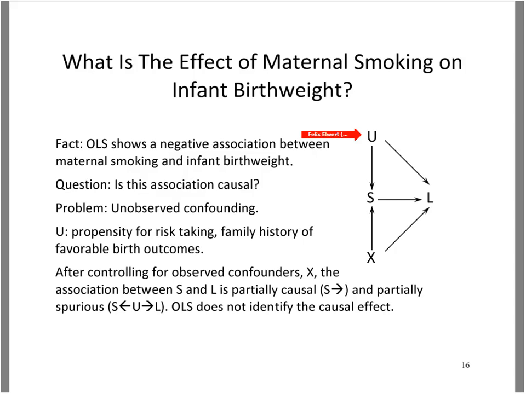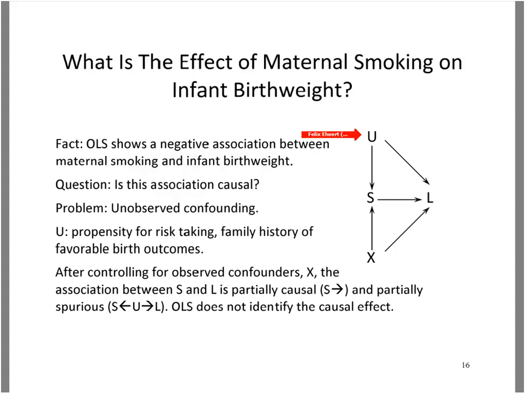But we can do nothing in regression about the U. The problem is that S to U to L is a non-causal path that is open, and the only way to block it would be to control for U. We don't observe U. So we have a problem. Hence, after controlling for observed confounders, the association between smoking and low birth weight may only partially be causal, and additionally be partially spurious due to this open path from S to U to L.